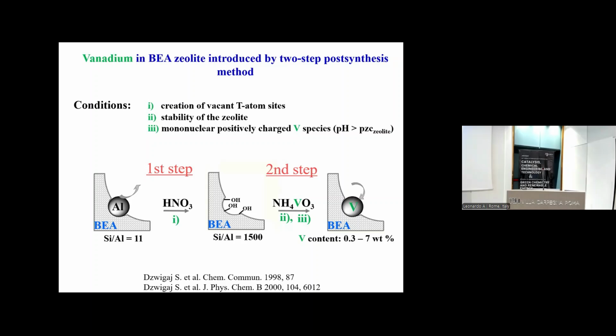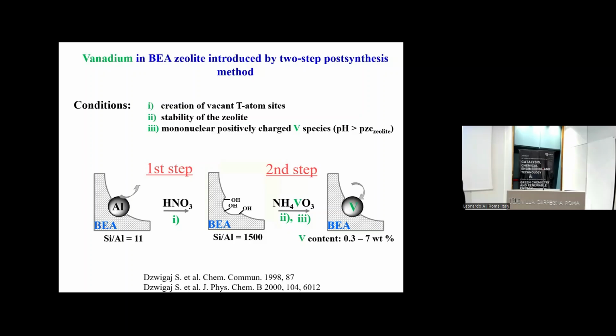So this two-step process is composed of two steps. In the first step, there is removal of aluminum by acid treatment and formation of a vacancy site with OH groups.